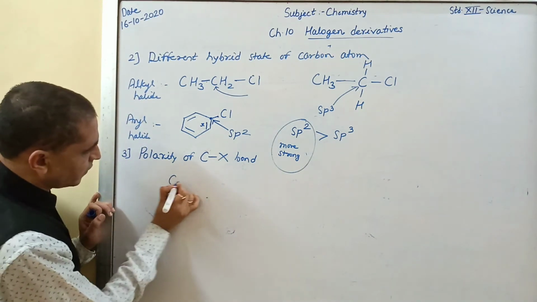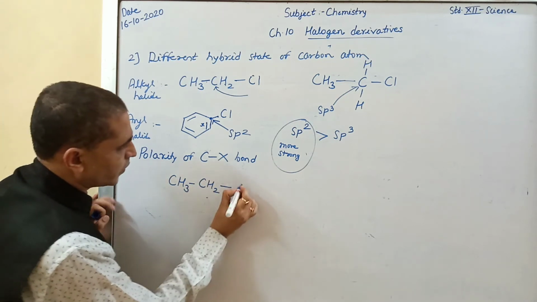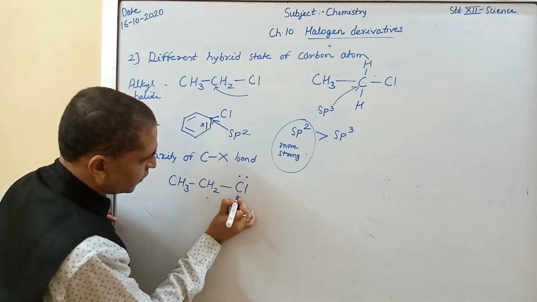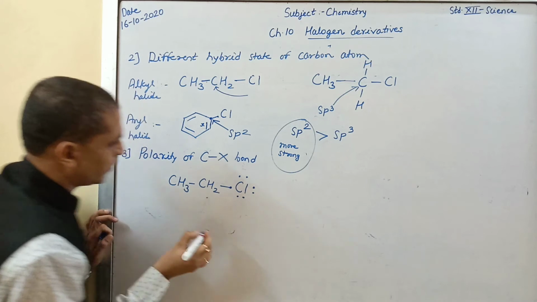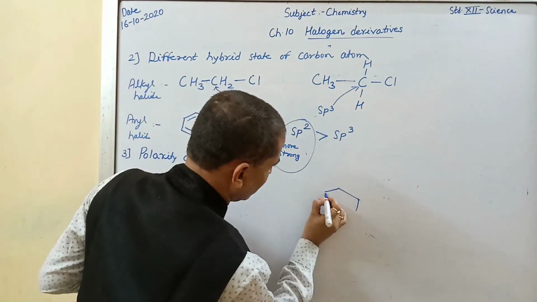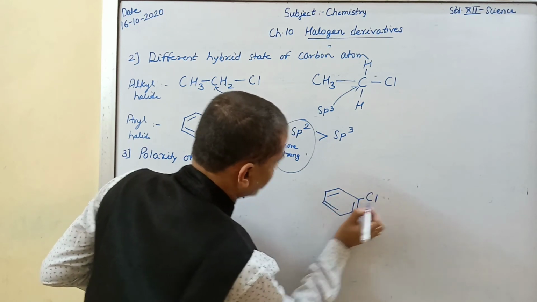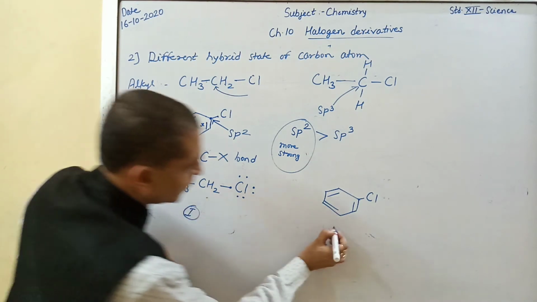Again we will take CH3, CH2, and again chlorine. This chlorine has 1, 2, 3, 4, 5, 6, you know that is 7 electrons. And another case is what? Chlorobenzene. Now see, this is the first case and this is the second case.